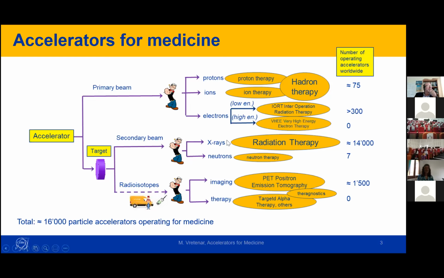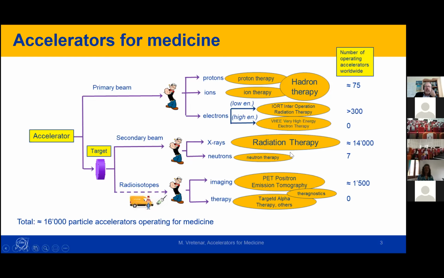And X-rays produced by electrons sent on a metal target are used for radiation therapy. And we have around the world about 14,000 radiation therapy systems. It is the most widespread particle accelerator.